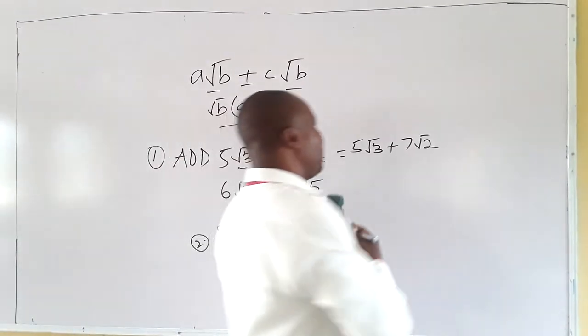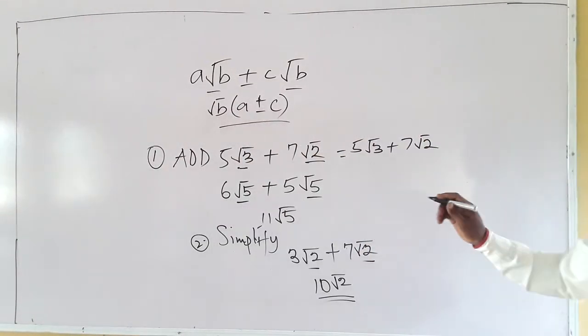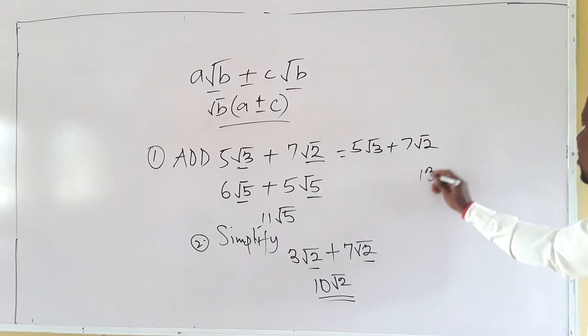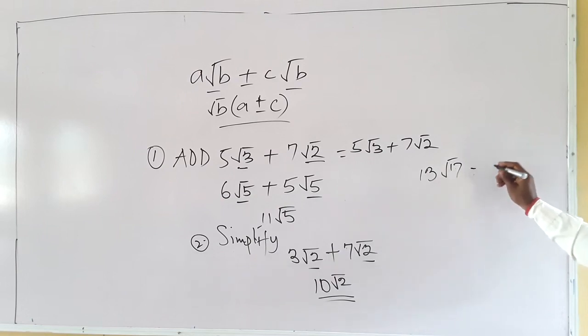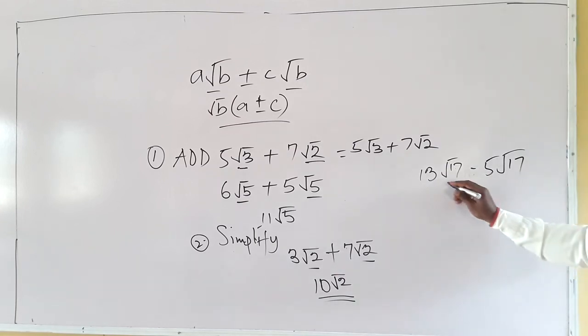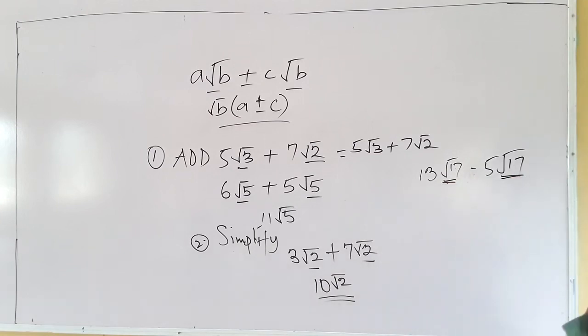The same thing also goes for the case of subtraction. If you are asked to simplify, say, 13 root 17 minus 5 root 17, since the surds are the same, this root 17 is root 17.